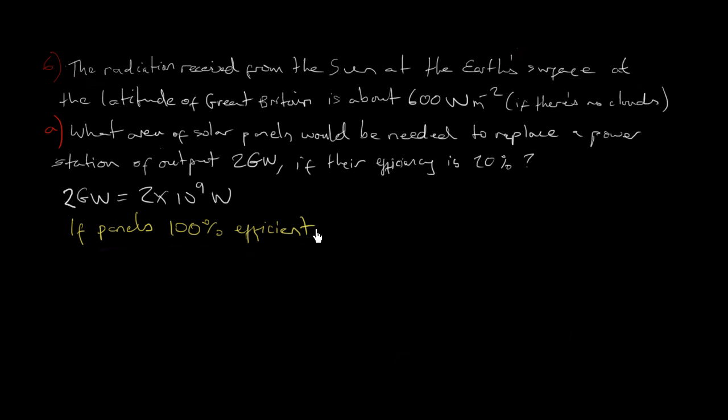So if the panels were 100% efficient, then the whole of these 2 times 10 to the 9 watts would be divided by all of the energy that's falling on each meter squared, right? On the whole 600. If every single watt was absorbed, then the amount of area would be, assuming that the whole 600 is taken by each meter squared of the solar panel.